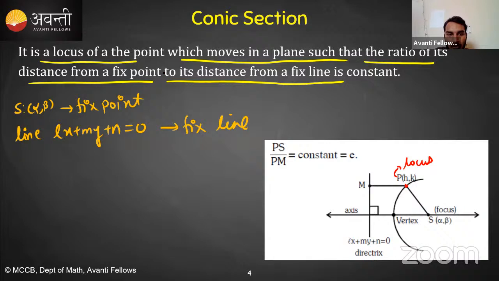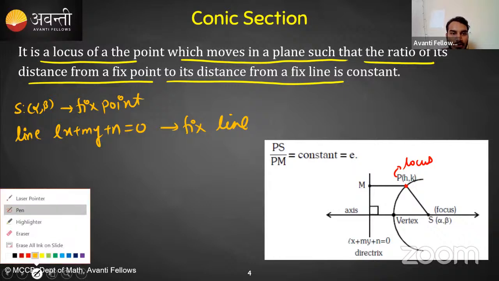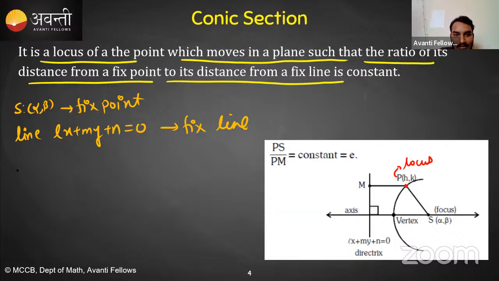So what is the definition of a conic? It is the locus of a point which moves such that the ratio of its distance from a fixed point to its distance from the fixed line is constant. It means the distance of the point P from the fixed point S is PS, and the distance of the point P from the fixed line is PM. This PS upon PM is constant.